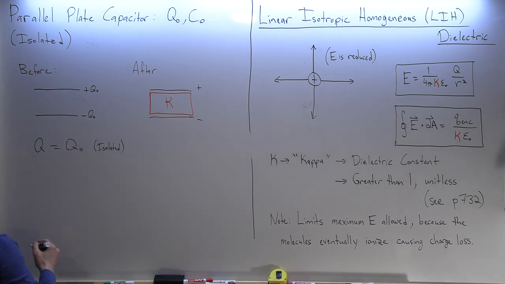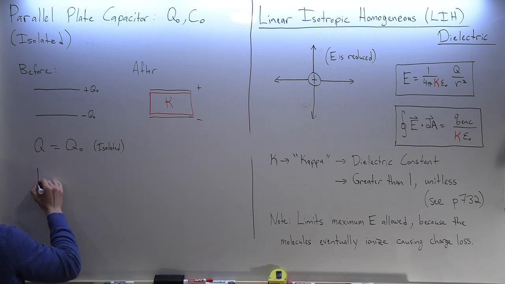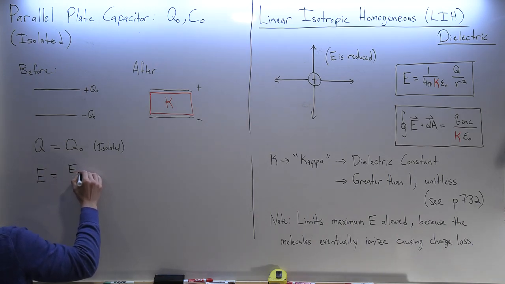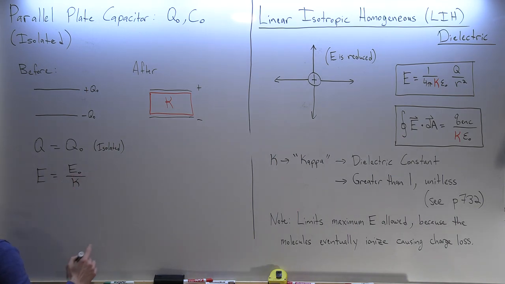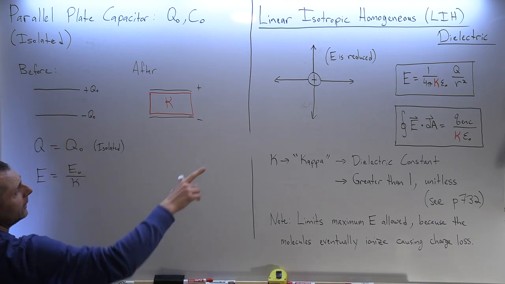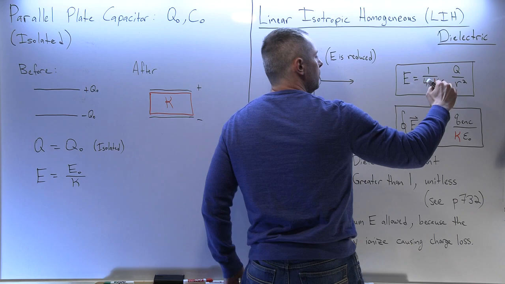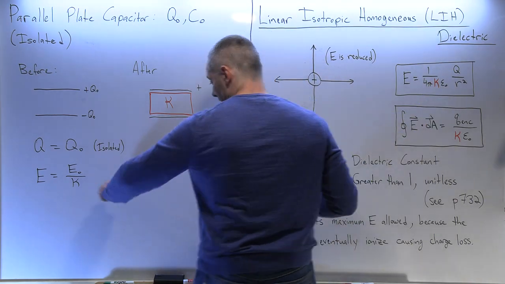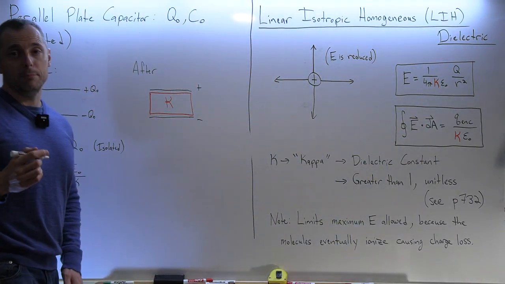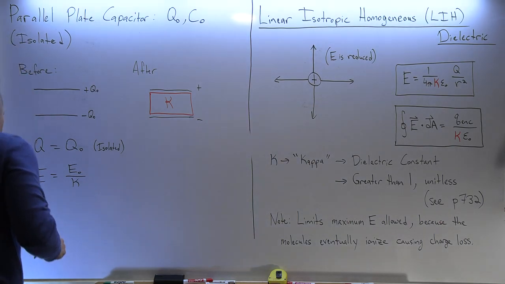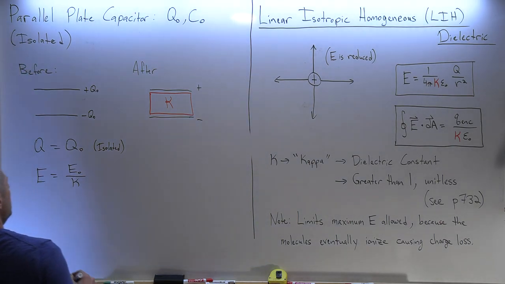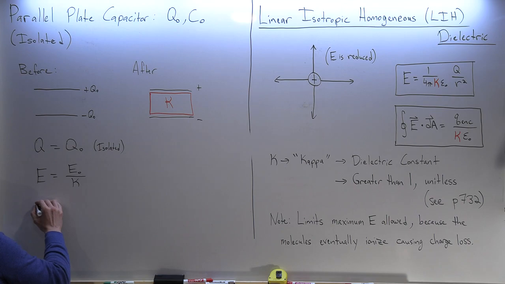So now we also know that the electric field is E0 over kappa. It's been reduced. And that comes from over here, where you could see that in 1 over 4 pi epsilon 0, I put a 1 over kappa, so we have less electric field by a factor of kappa. So what that's going to do is reduce the voltage also.